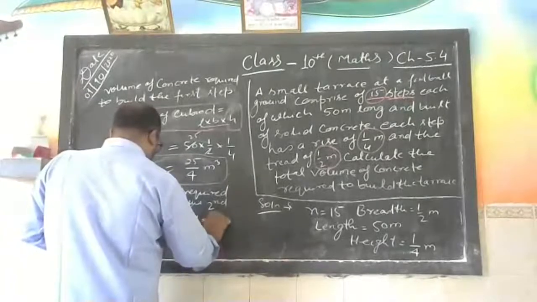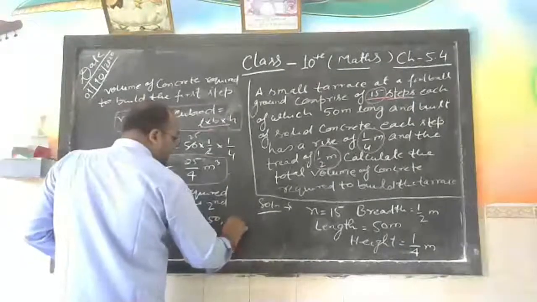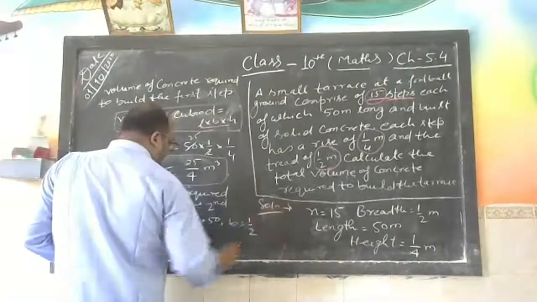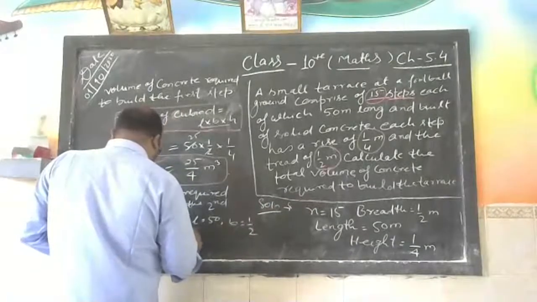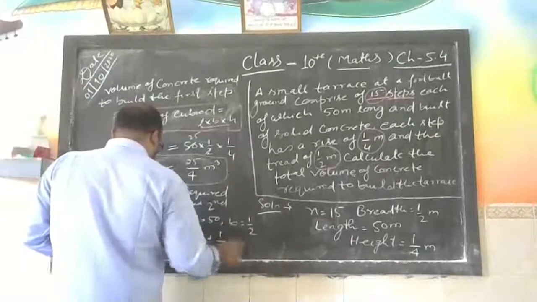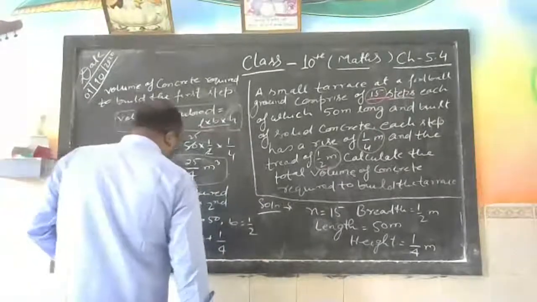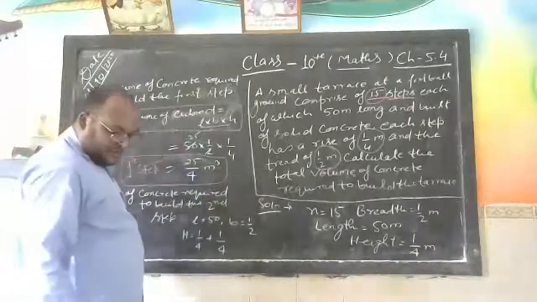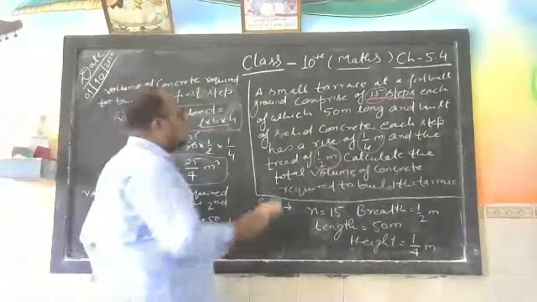L is equal to 50, B is equal to 1/2, that is the width, and the height is making the difference, that is 1/4 plus 1/4. So 2 into 1/4.